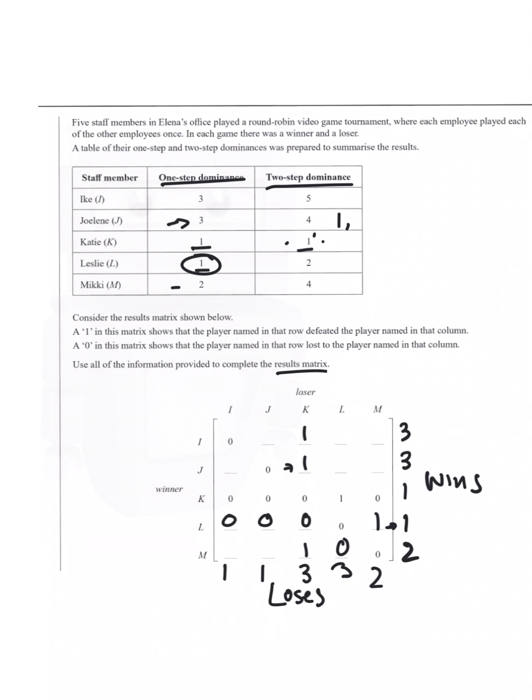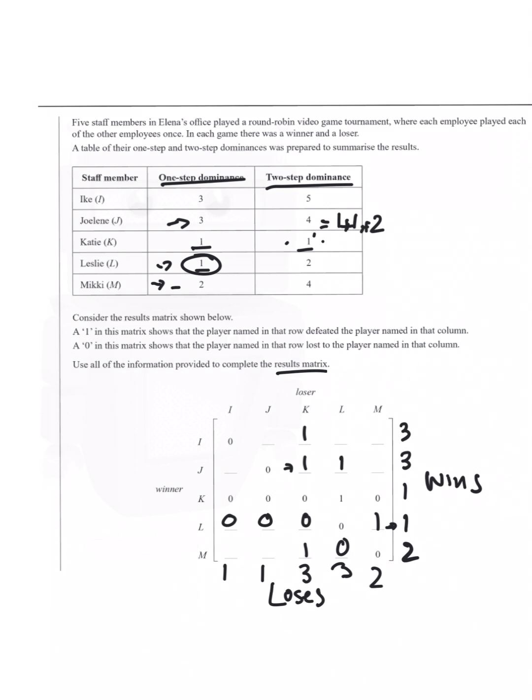Now for the 3 wins, it has to be Leslie and Mickey. So the 1 here and the 2, because Leslie had 1 win and Mickey had 2 wins, that's the only way it's going to equal the 4. I should do these as pluses. It's getting a bit messy, but Jolene beat Leslie and Mickey.